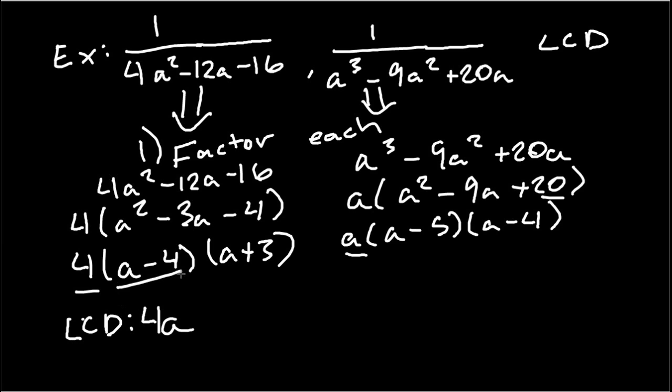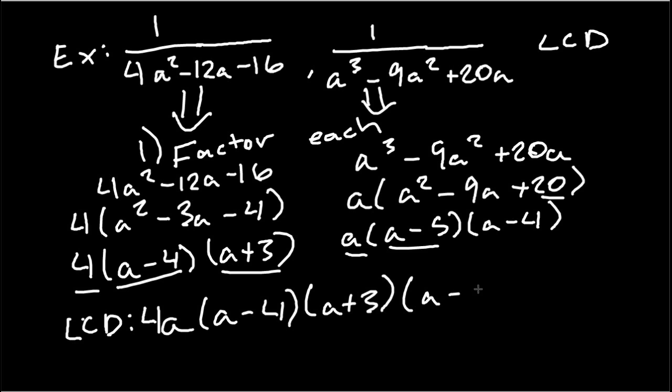Move over to a minus 4. A minus 4 appears once here and once here, so it appears once in our LCD. And a plus 3 appears once here and none here, so it appears once in our LCD. And then lastly, a minus 5. It appears once here and none here, so it appears once in our LCD. And that right there would be your final answer.